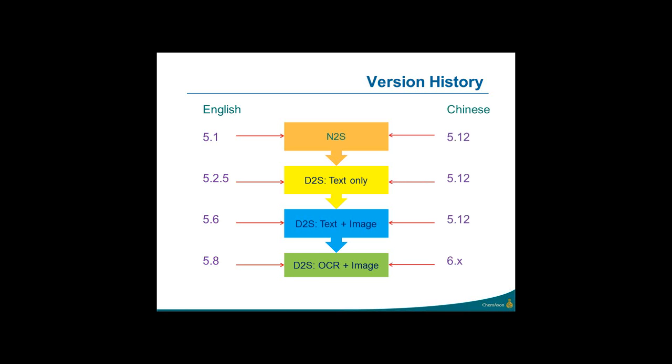Chinese name to structure conversion will be released in 5.12. The good news is that because we already have all the document to structure technology in place, we simply add Chinese name to structure capability on top of them. So in 5.12, not only can you do Chinese name to structure conversion, it also applies to documents with Chinese text in them.